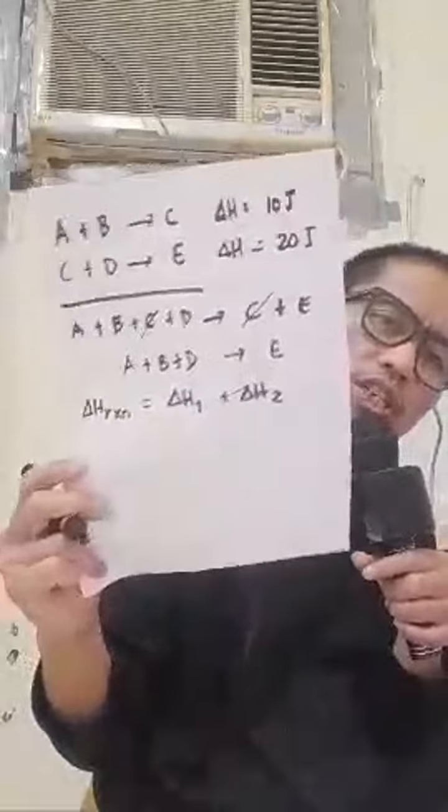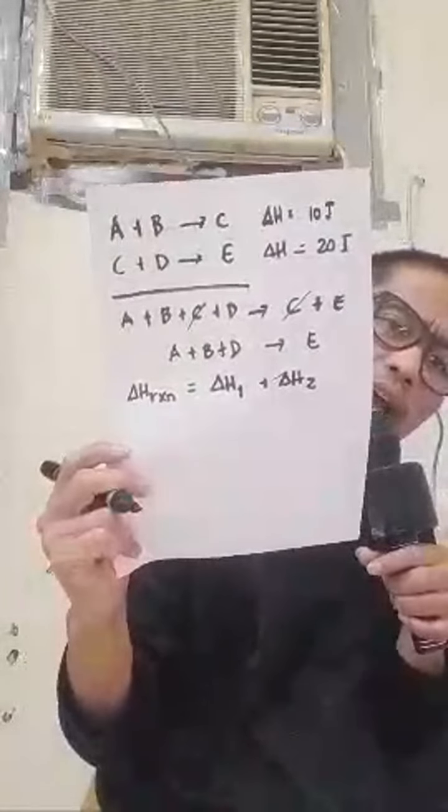If we have, for example, delta H in the second reaction step equal to 20 joules, then our enthalpy change of the reaction is equal to the enthalpy in the first reaction step plus the enthalpy in the second reaction step. So that is our delta H reaction.